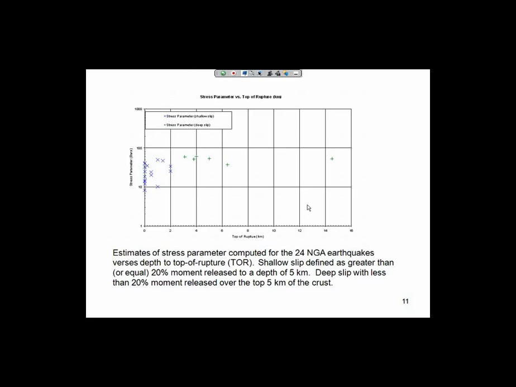And we can use top of slip, that's fine. This, in my view, will come out in terms of how we're going to deal with the model of the stress drop, right? So when we go in our forward model, we can say stress drop varies as a function of top of rupture, then we know what to do, because we can basically build that into the GMPE.